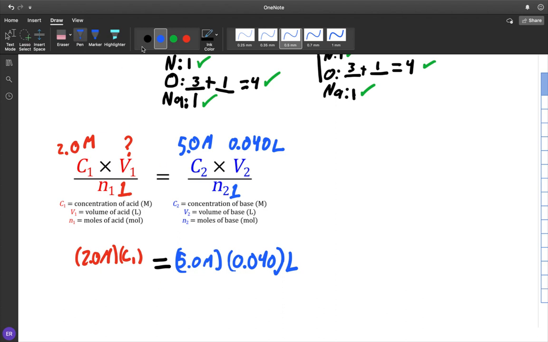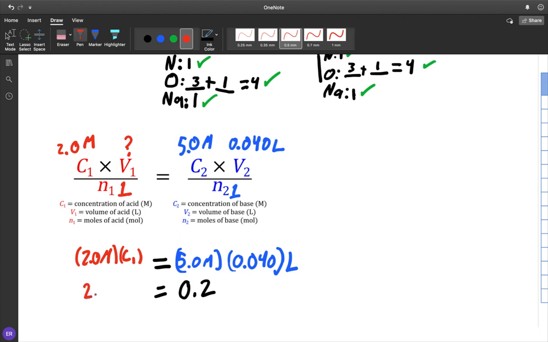Okay, so let's go ahead and simplify our right side. So that's going to be 5 times 0.040. Let me go ahead and do that. 5 times 0.04, and that is going to be 0.2. And over here, let's bring this back.